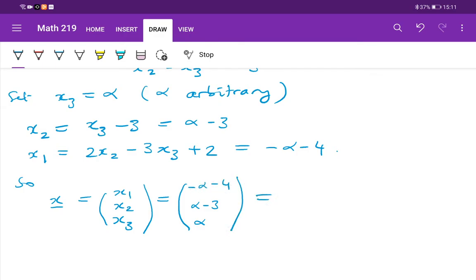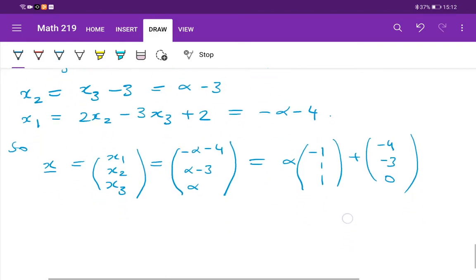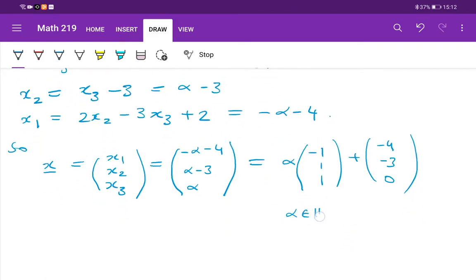We can write this as alpha times minus 1, 1, 1, plus minus 4, minus 3, 0, where alpha in R is arbitrary.